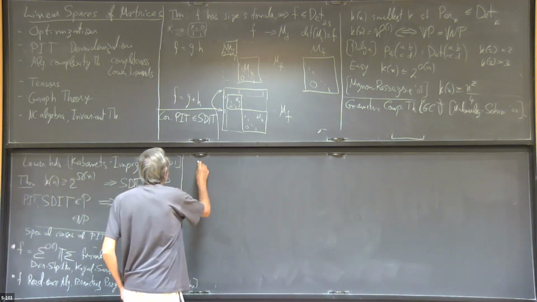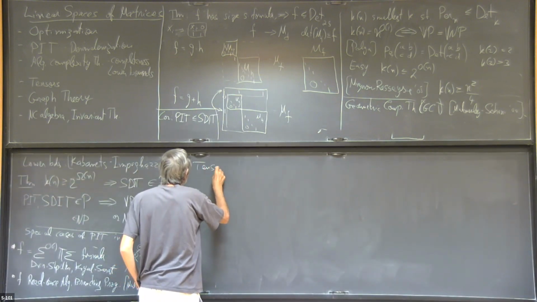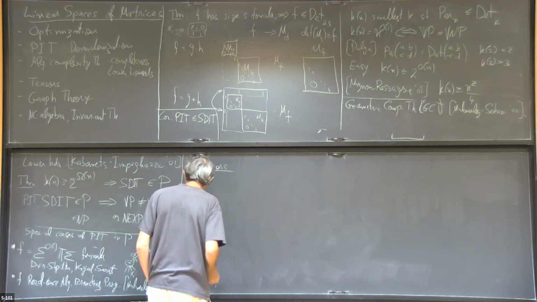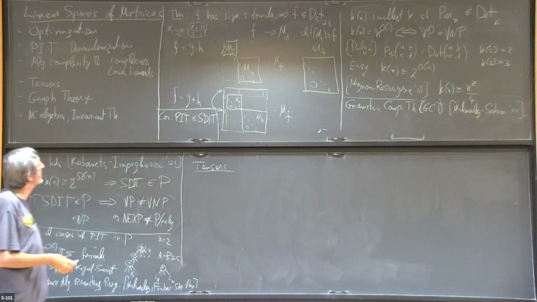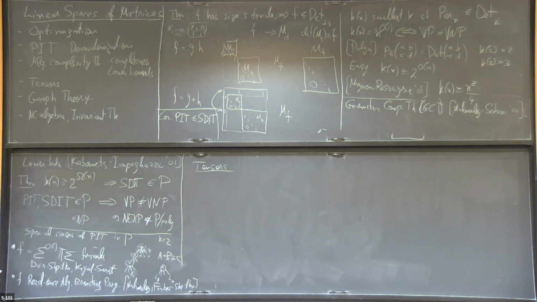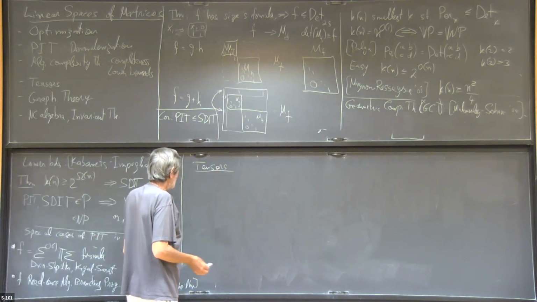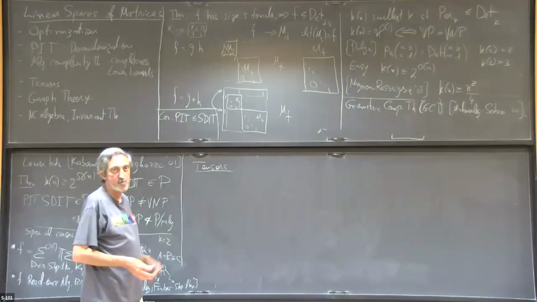Okay, now I want to talk about tensors. Tensors and tensor ranks. So there'll be lots of ranks. I know I didn't mention rank until now, but now I mention lots of ranks, so I have to be careful. Tensors generalize matrices. Matrices are two-dimensional tensors.